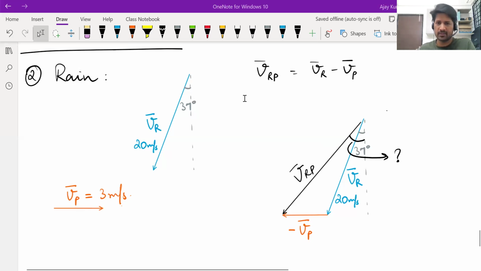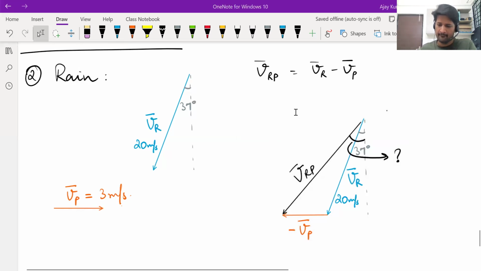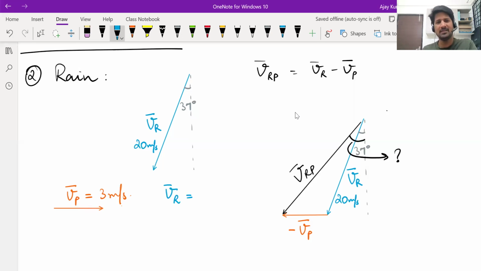Aishwarya, tell me, did you express the vectors in terms of components? So yes, sir. Okay, how do you write this velocity of rain in terms of i cap, j cap? So -3 i cap, -20 j cap. How is it -3 i cap, -20 j cap?